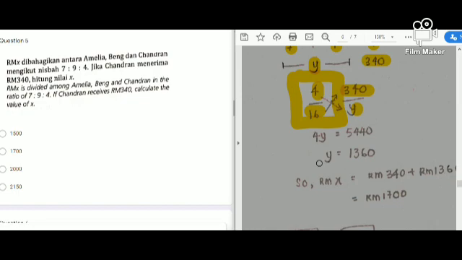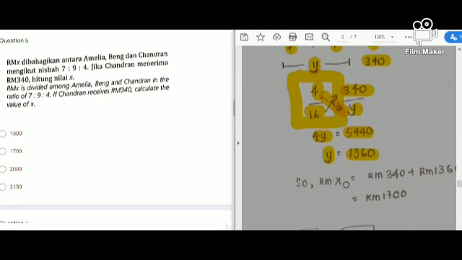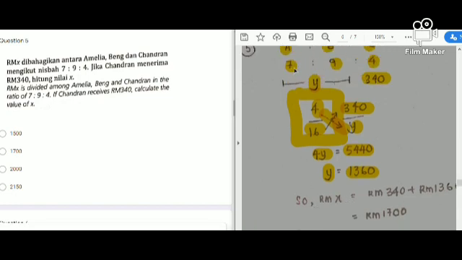So when you already have the fraction form, now what you need to do is cross multiply. So 4 multiply with Y, you will get 4Y. 16 multiply with 340, you will get 5,440. So as what you did before, when you want to find Y, you divide 5,440 by 4. So the answer will be 1,360. But remember, this is just for Y, which is the ratio of 7 plus 9.